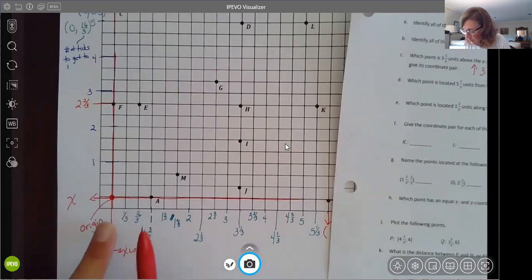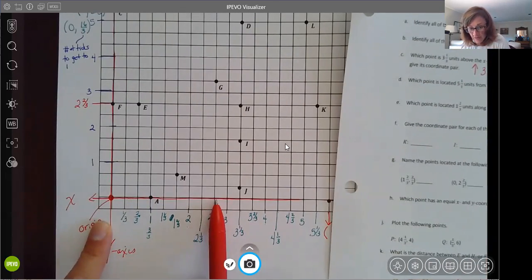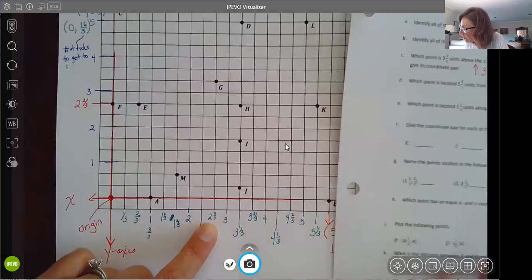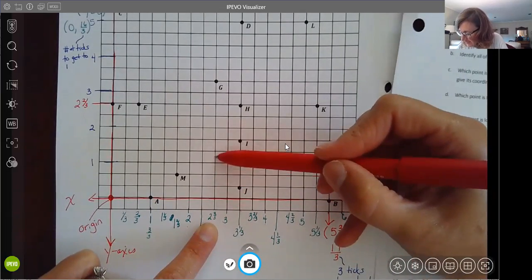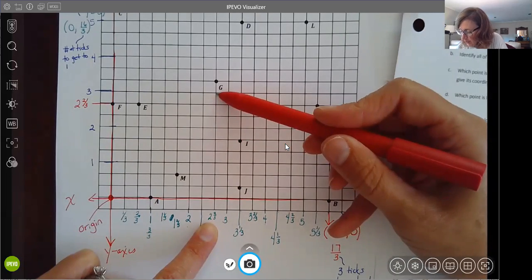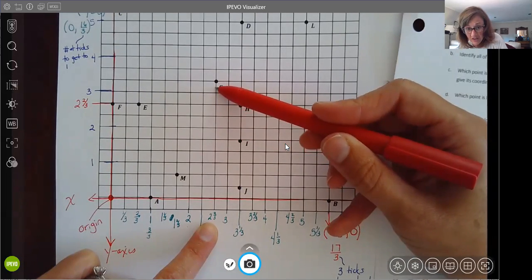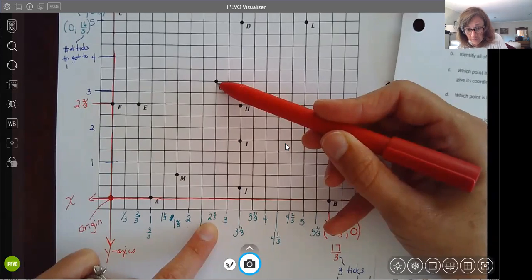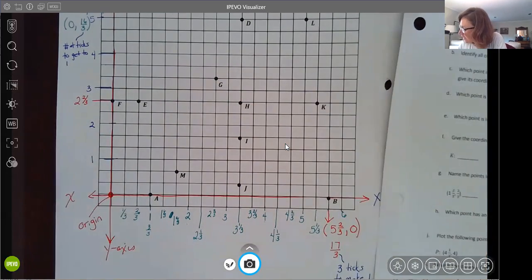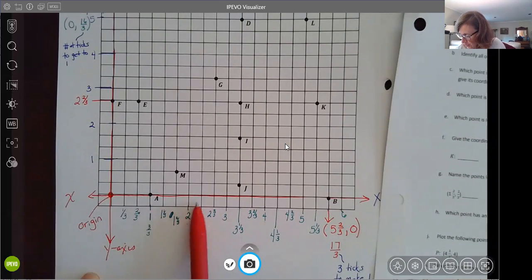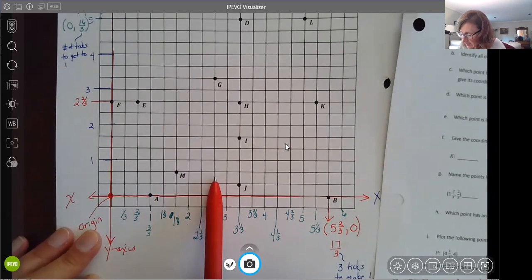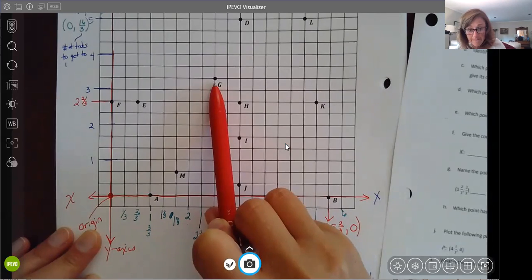So let's go over 2 2/3. There's 2 2/3. And then up to 3 1/3. So let's find 3, and then we'll go up one more tick because each tick is worth a third. So did you guys find yourself at G? So we're going to the right 2 2/3, and we're going up 3 and one more tick.